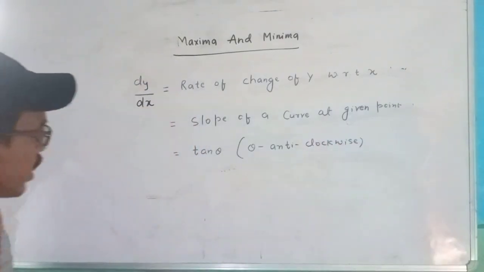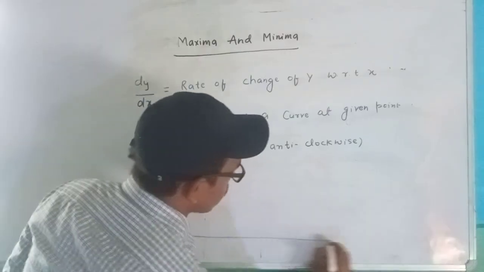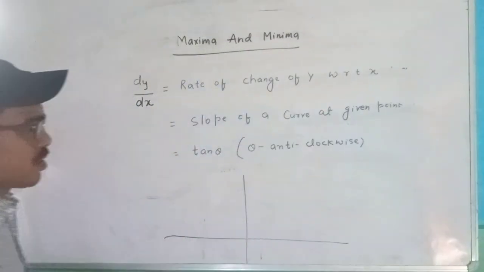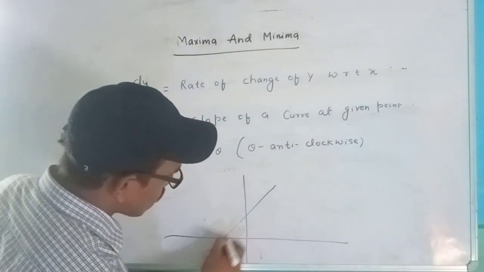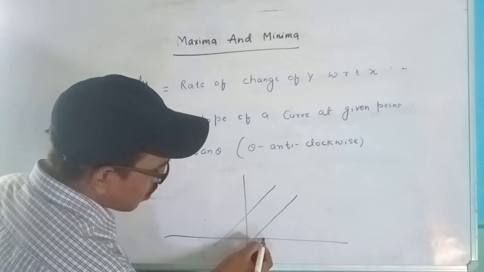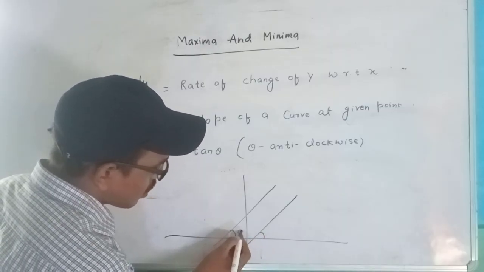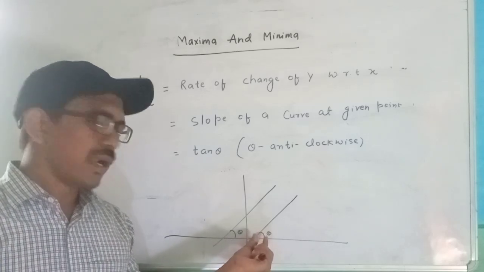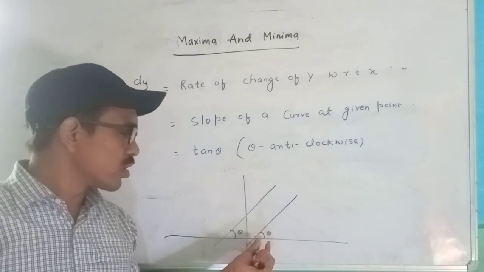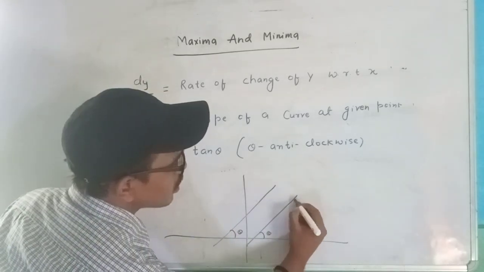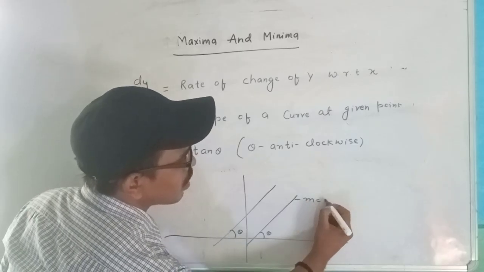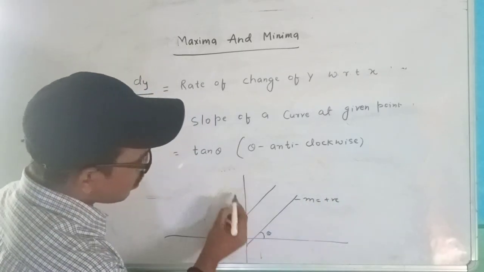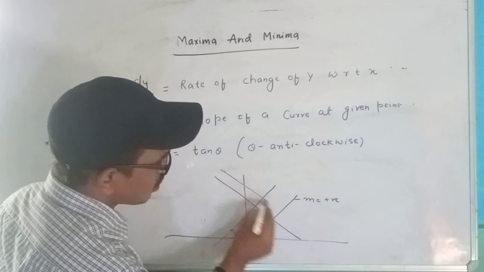Now, let's suppose this is the x axis and this is the y axis, and the slope line is something like this.